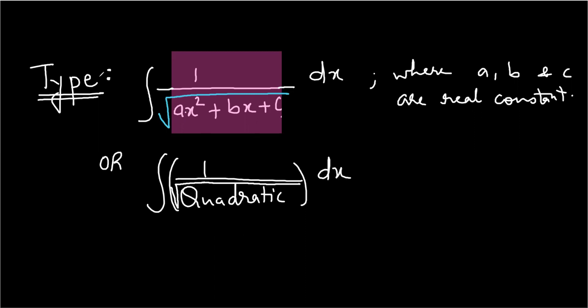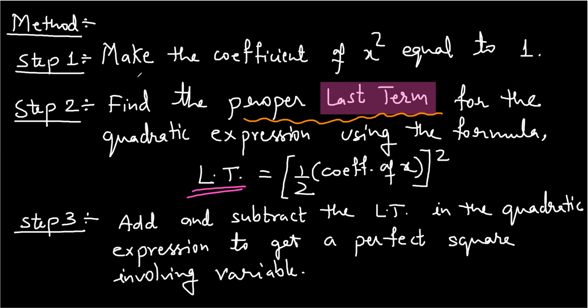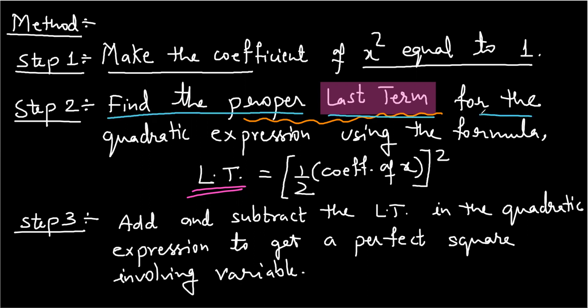What is the method? The method is exactly the same, no change at all. First step, we make the coefficient of x square equal to 1. Second step, find the proper last term for the quadratic expression using the formula: last term equals half the coefficient of x, the whole square.